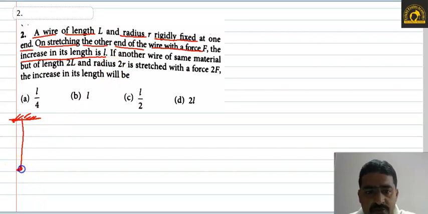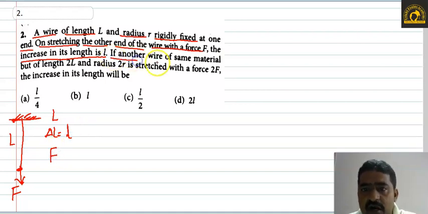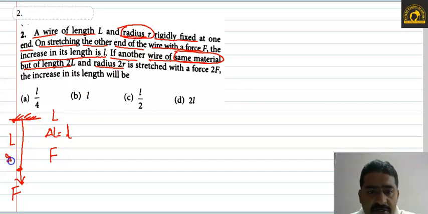Original length is L, the force is F, and the radius is R.